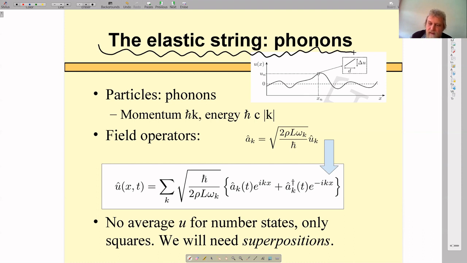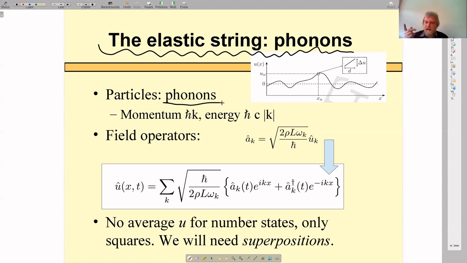And we will try to understand the quantized version of the string. The string will oscillate. In quantum language, these oscillations will be quantized, will become particles. These particles, since they represent mechanical oscillations, are called phonons.